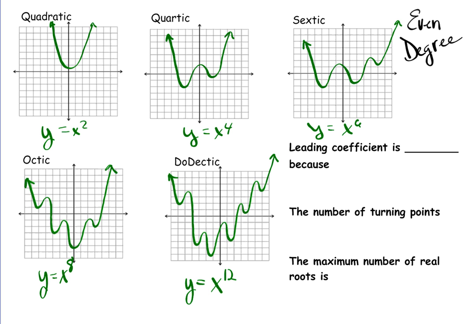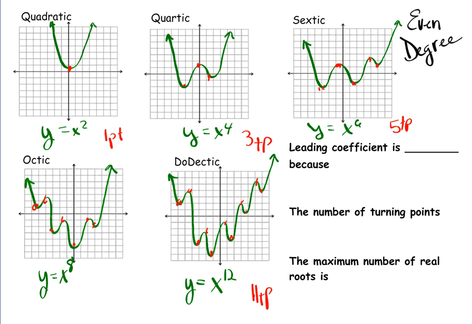All right, now, let's look at the turning points. Let's see if the turning point rule works here. I have one turning point. I have three turning points. I have five turning points. I have seven turning points. I have 11 turning points.